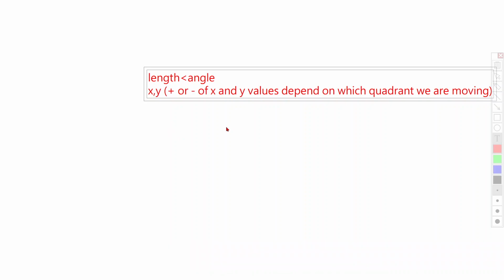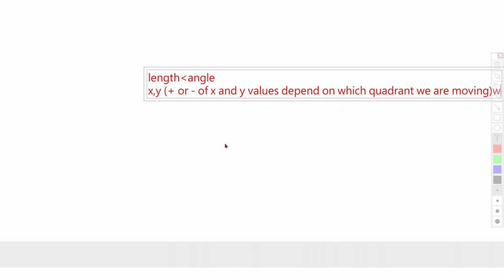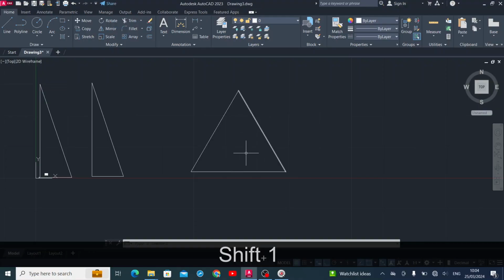I hope you understood this. X comma y format, and length shift comma angle. This is for angular and this is for normal x comma y.